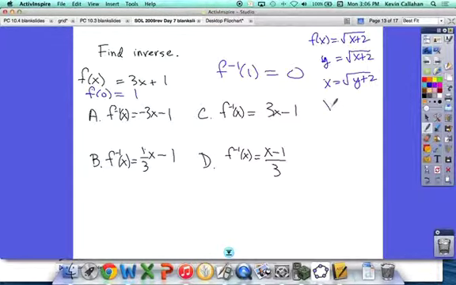Then I would square both sides, and then I would subtract 2. So f inverse of x equals x squared minus 2. You might see pluses and minuses on one and not on the other, in which case you're just going to have to go back and actually do the solving of it.